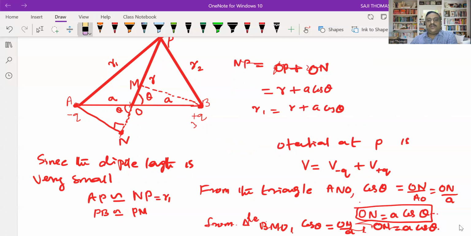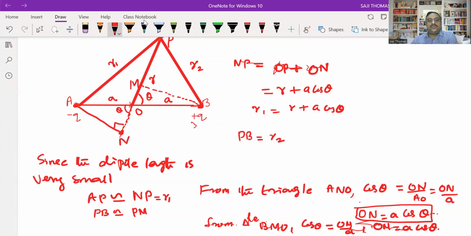Similarly, you can find out R2. See from the figure, you can write PB equals R2. And PB is OP minus OM. What is OP?